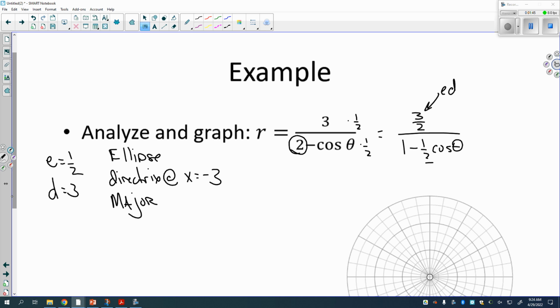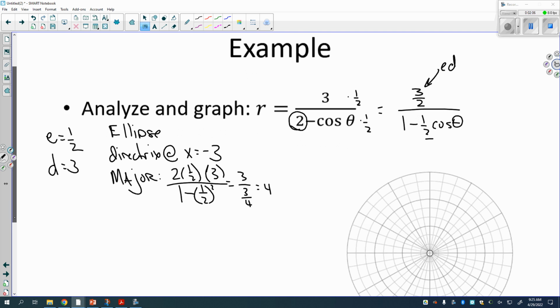The major axis is 2ed over 1 minus e squared. So that's going to be 3 over 3/4, which is going to give me 4.